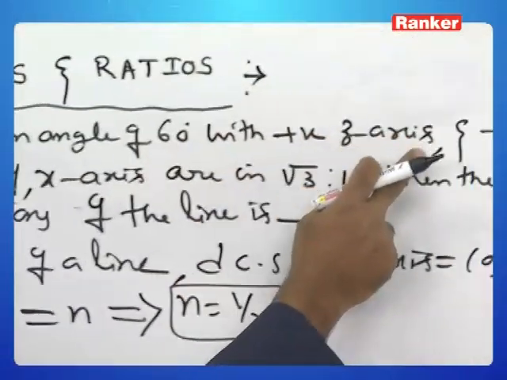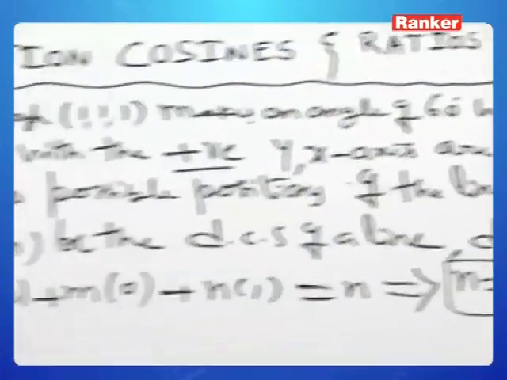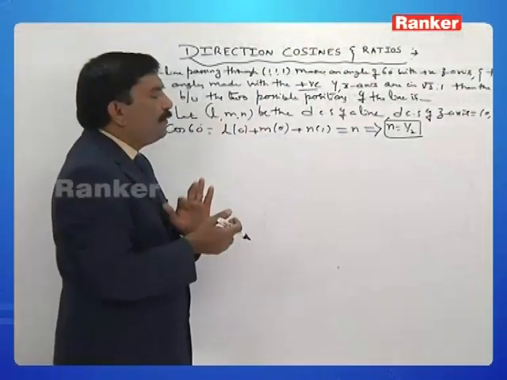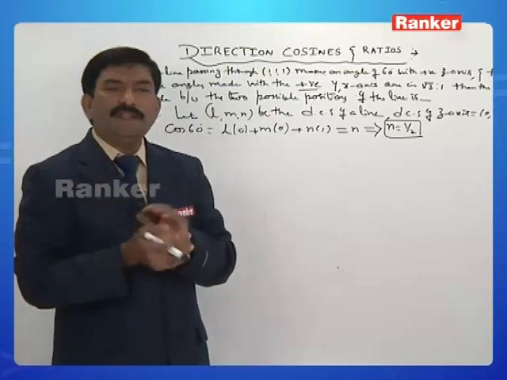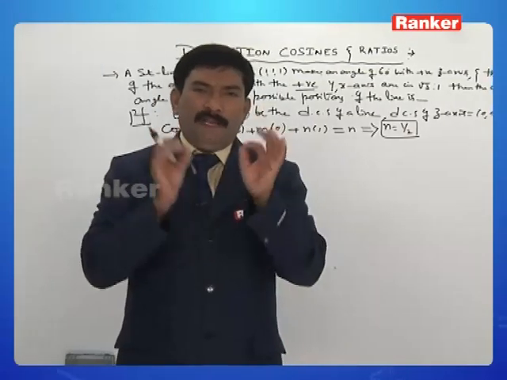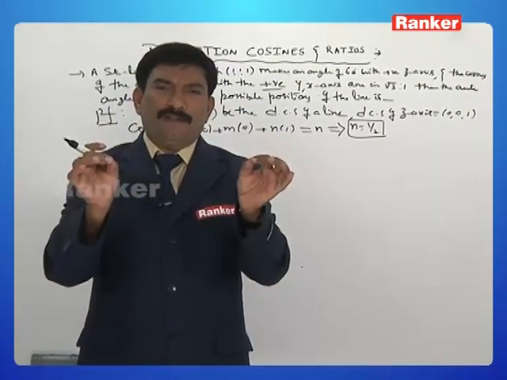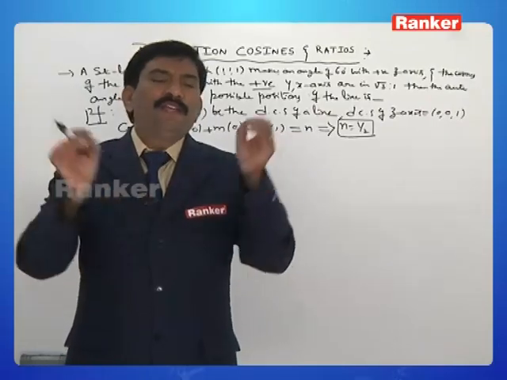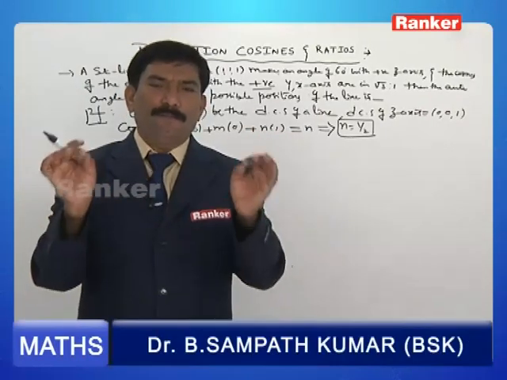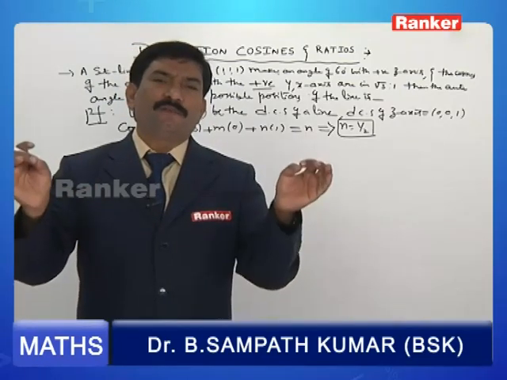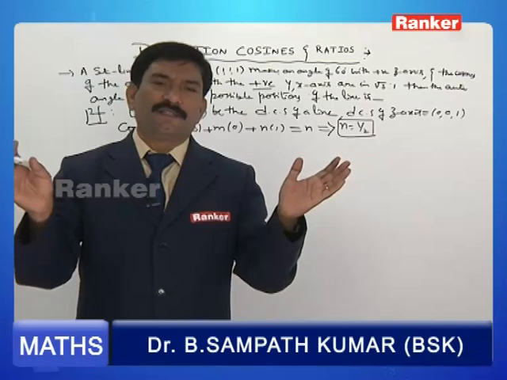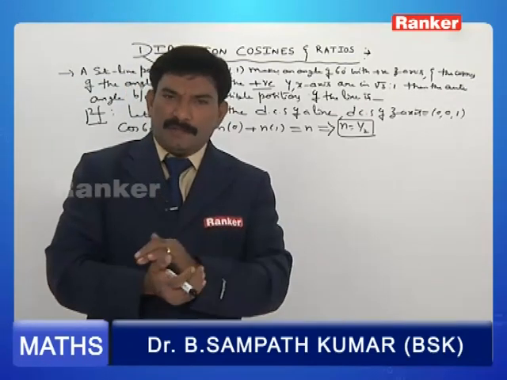Next, with the positive axis, and the cosines of the angle made with the positive y and x axis, we have discussed in detail. A line or a vector or a ray makes angles alpha, beta, gamma with the positive direction of the x, y and z axes respectively.